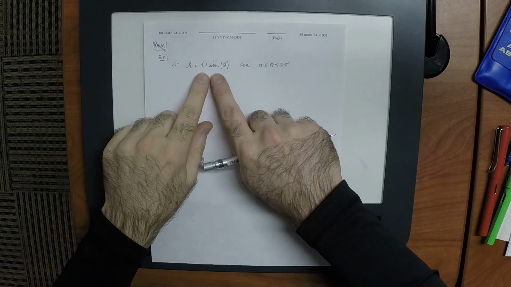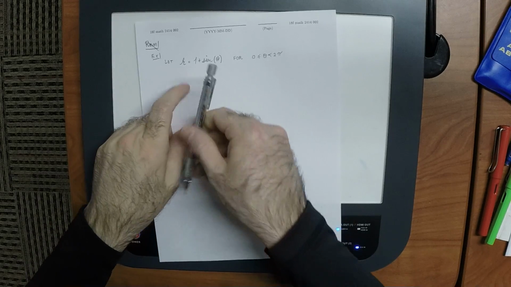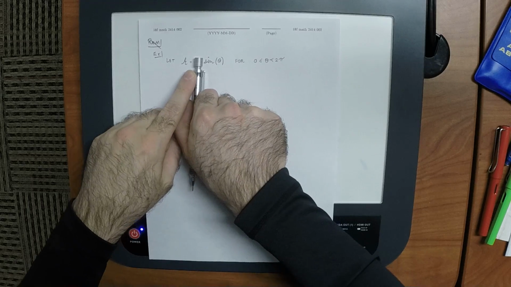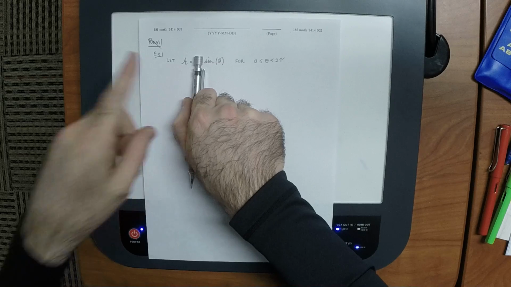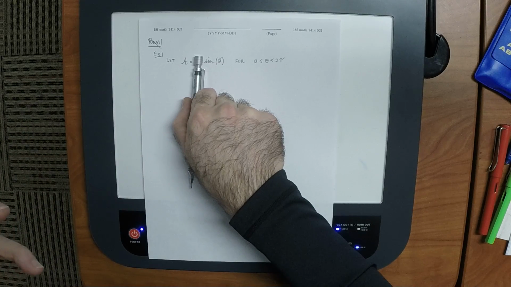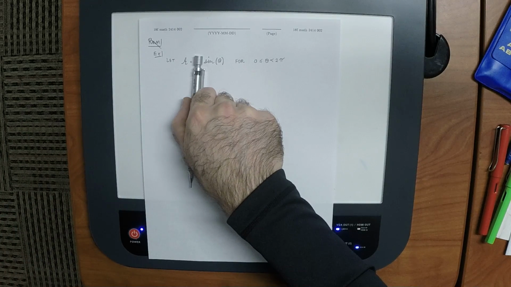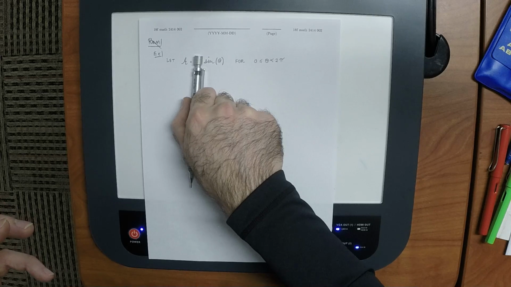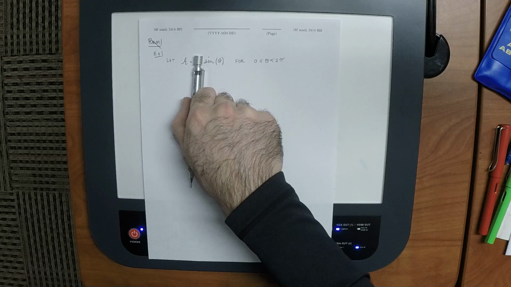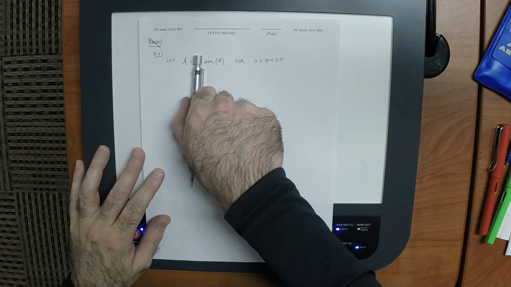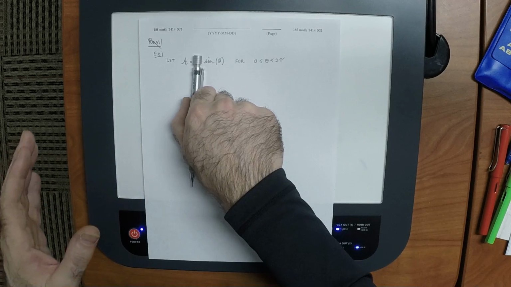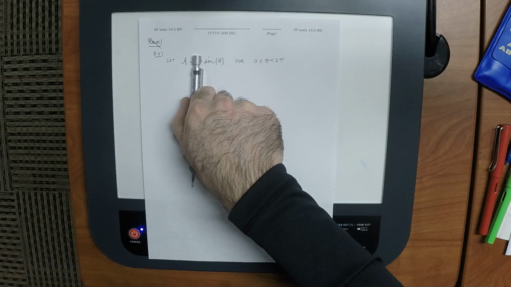So let's consider this for a moment. Ignore the 1 momentarily. What is the biggest output that sine can produce? 1, right? It can't make anything bigger than 1. What is the smallest thing that sine can produce? Negative 1, right? The biggest sine can be is 1.